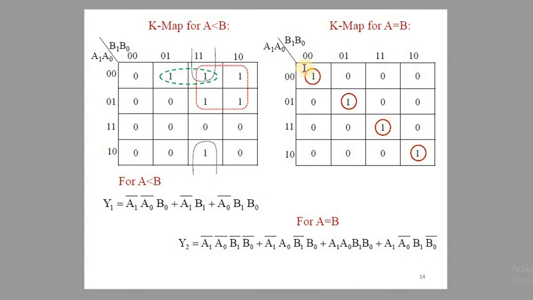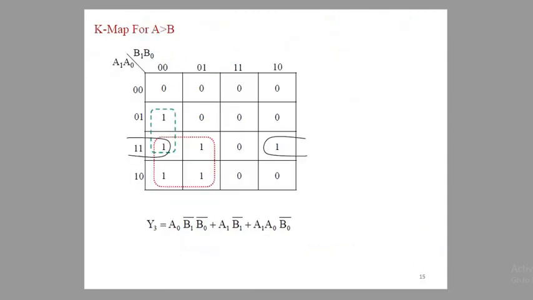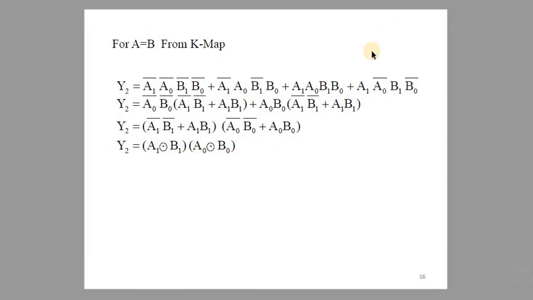Therefore the value of this single group, how is it? A1 bar, A0 bar, B1 bar, B0, like that each group. Okay, right, this group plus this group plus this group plus this group. The value of this group is A1 A0 bar, B1 B0 bar, like that. Okay, that comes Y2, the expression for Y2.